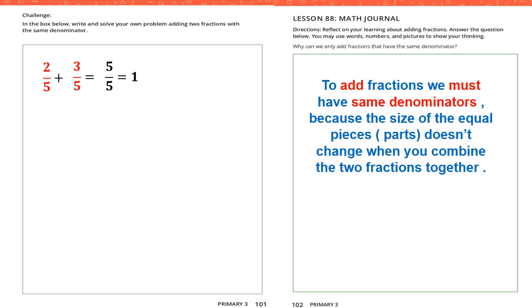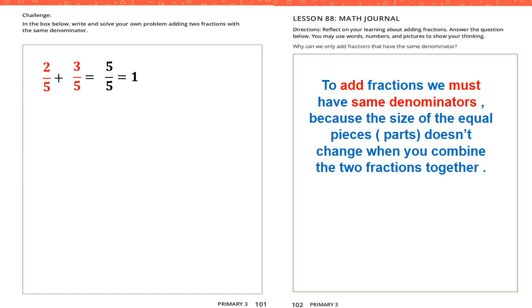So here, 2 plus 3 up equals 5. And look at down, we have same denominators, so put 5 as it is in the denominator. 5 over 5 equals 1 because it's a whole fraction, and we said before any number over itself equals 1.